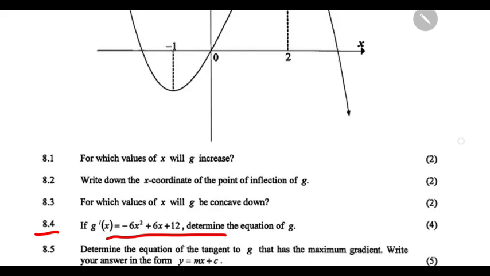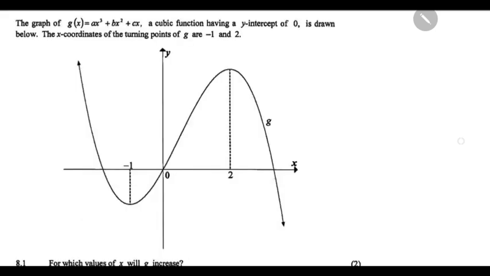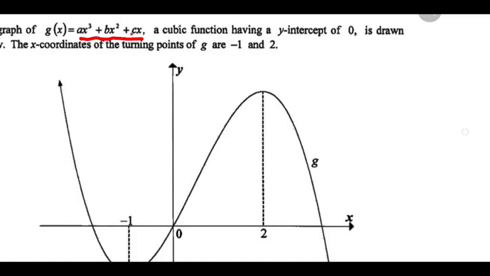You can equate the coefficients or you can apply integration. We have g of x, the equation ax^3 + bx^2 + cx. I'm going to take the first derivative of g of x, then equate the coefficients.